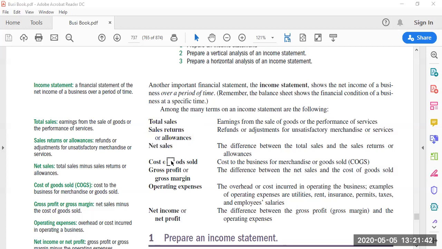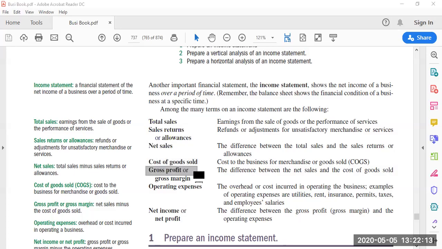Then moving on, we would then determine what our cost of goods sold is. In the course of doing business, we must purchase inventory, products, and material to be used in the production of our final goods. So how much would it cost the company to purchase those things? The cost of the business for merchandise or goods sold is our cost of goods sold.